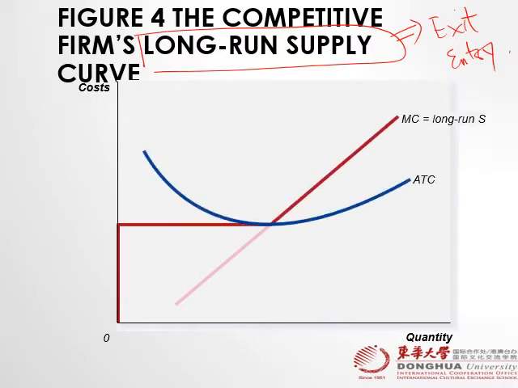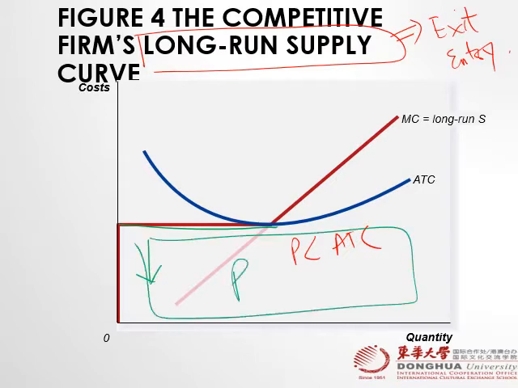In this situation where the firm tries to exit, if price is less than average total cost, it means below this line, this area represents price less than average total cost, right?